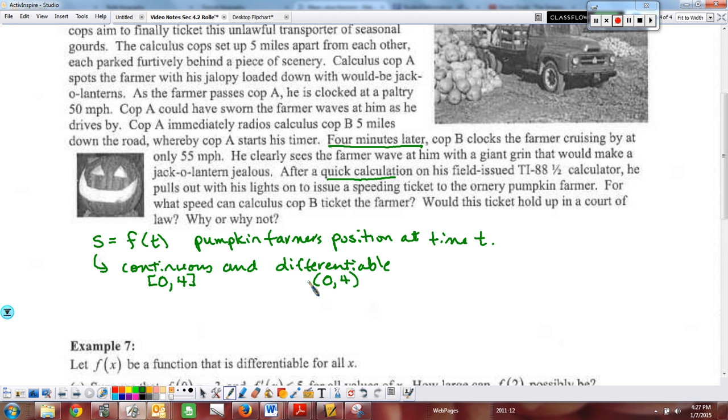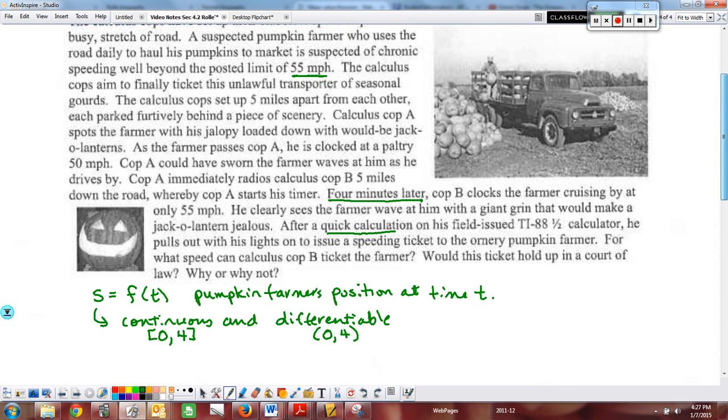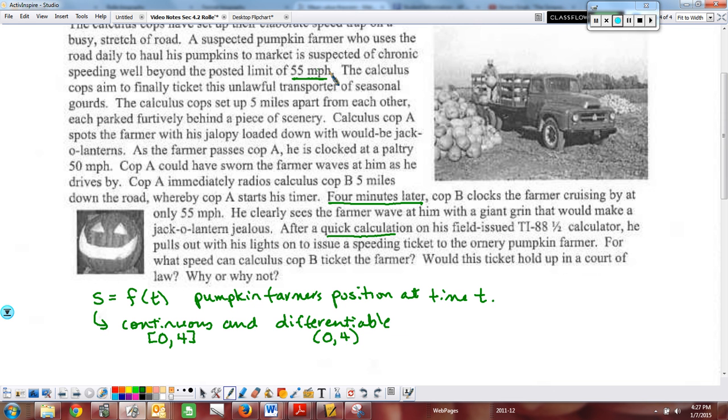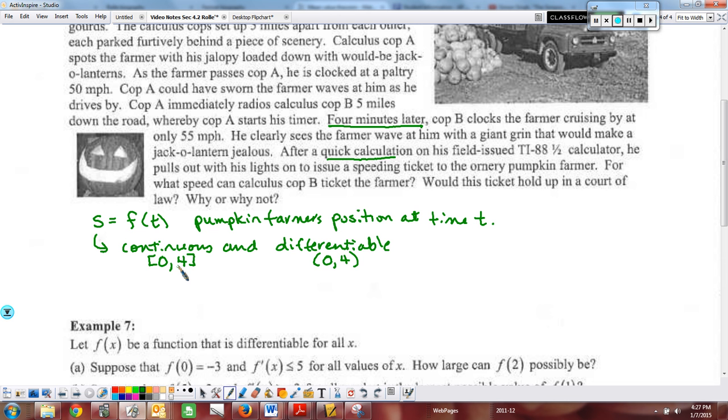Now, we want to be careful in figuring out our speed and pay attention to units, because we're going to be doing miles per hour, and this is in minutes, so we might want to convert this to what fraction of an hour that is.